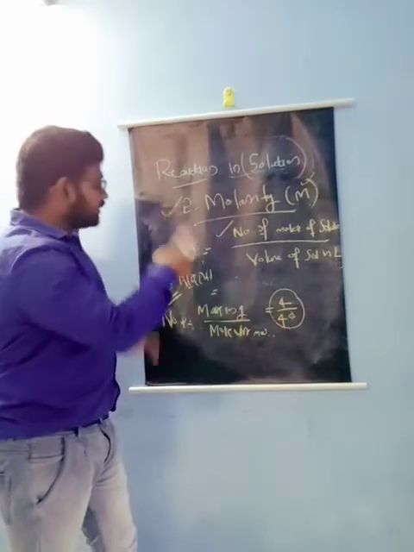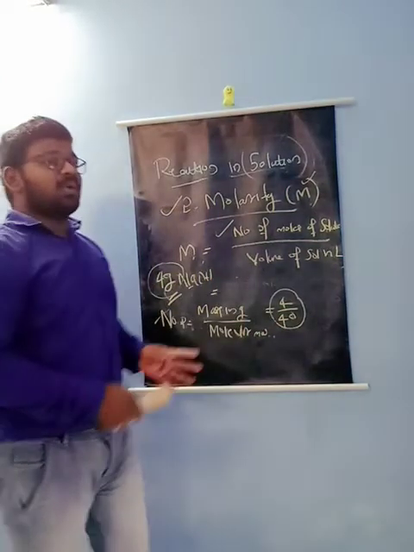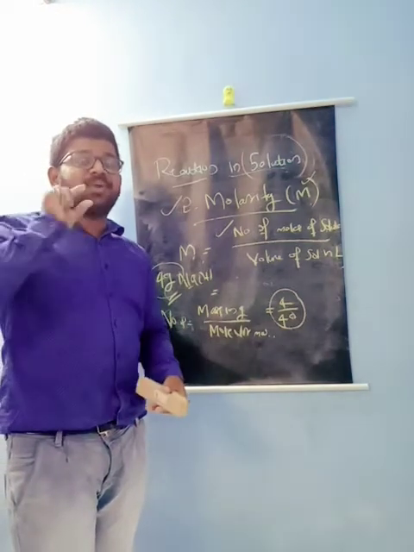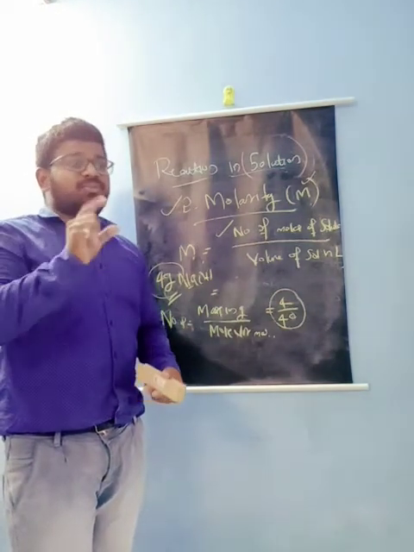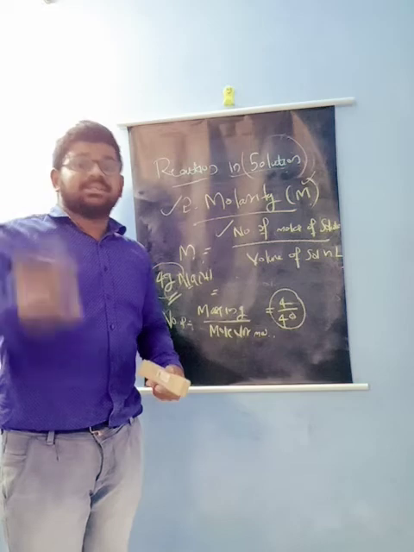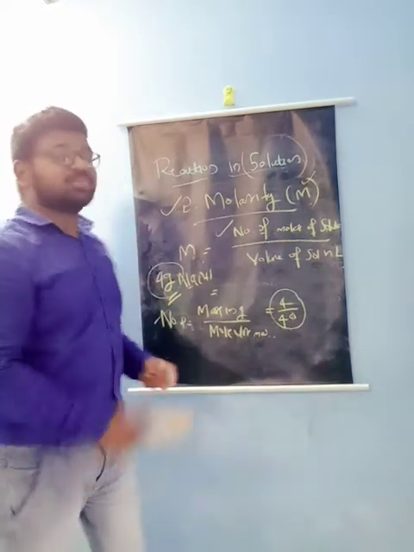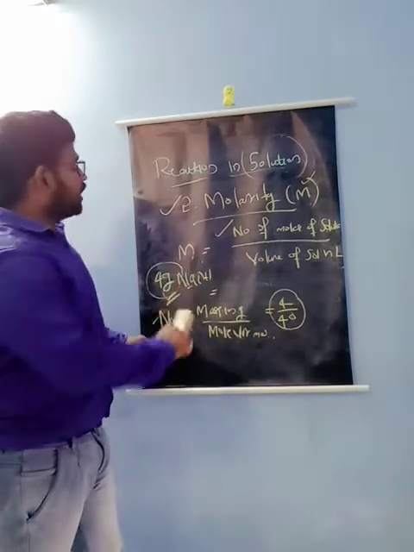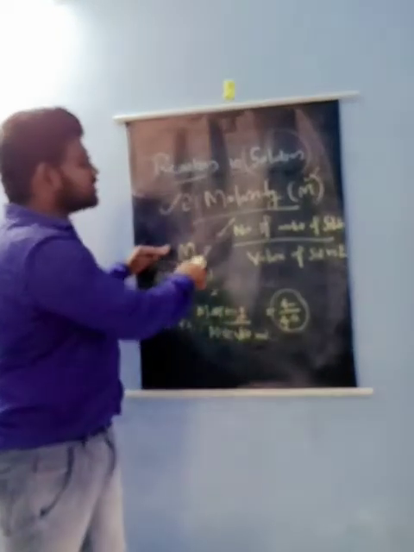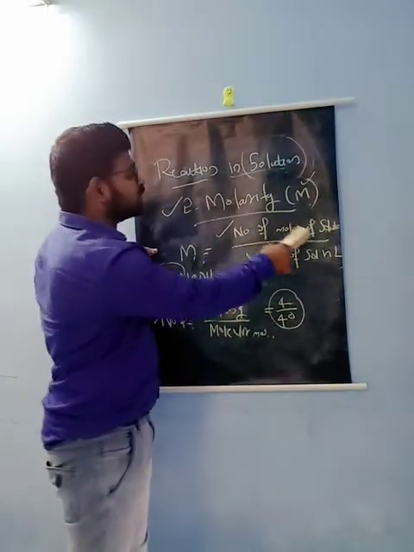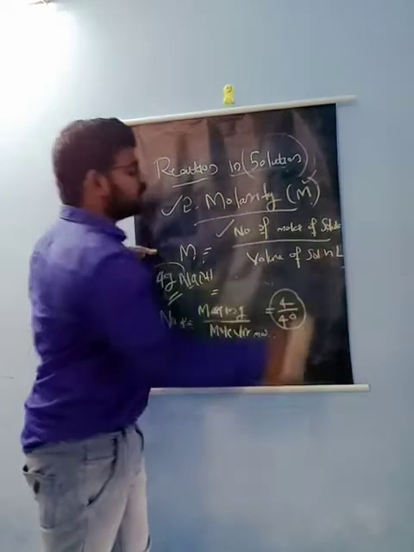So in this problem, we have to determine the molarity of 4 gram sodium hydroxide that is added to 1 liter of water. As per the molarity equation, molarity is the number of moles of solute divided by volume of solution in liter.